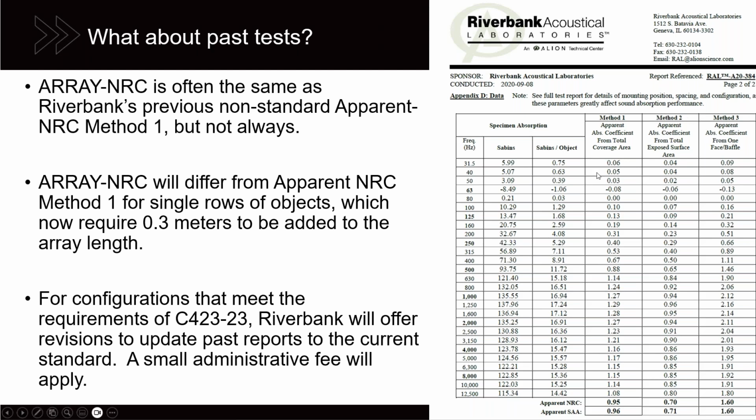Method 1 gives you the equivalent NRC for the ceiling installation, and therefore Array-NRC, because it's a very similar calculation, exactly the same in most cases. It gives that sound absorption per square foot area of treated surface, which is exactly how sound absorption coefficients and NRC are calculated for acoustic ceiling tiles and wall panels.